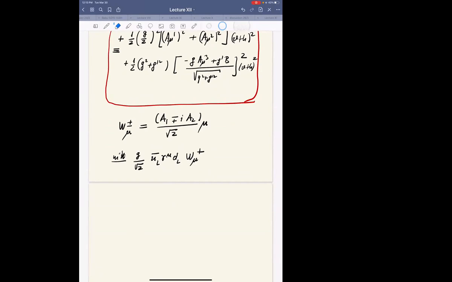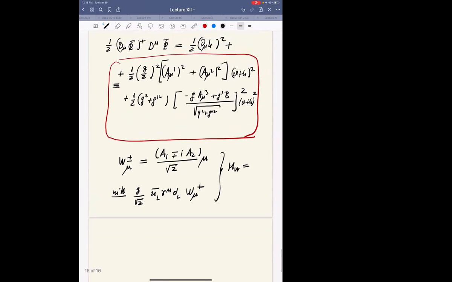What we will have from here, we write the interaction later, that m_W, there is a factor g over 2 times V. We saw it in the SU(2) case. This is not different. The W boson when we did SU(2) is the same W boson in the SU(2) theory. The fact that I have U(1) doesn't affect the W boson. And the mass comes from this V term. This produces a mass term.